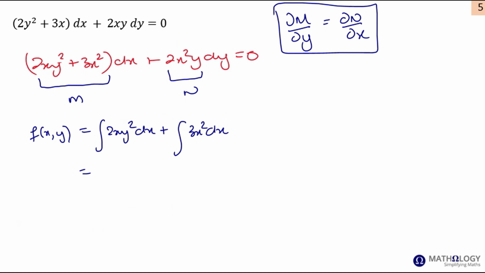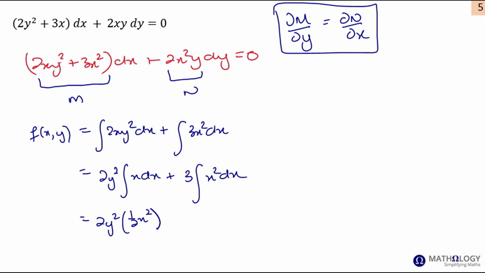And that equals, with respect to x, 2y squared is a constant, so we'll just pull that out in front of the integral sign. 2y squared times the integral of x dx plus, we'll pull the 3 out as a constant, 3 times the integral of x squared dx, and that equals 2y squared times the integral of x will be a half x squared, plus 3 times the integral of x squared is a third x cubed, and we have a constant of integration, which we will call g of y.